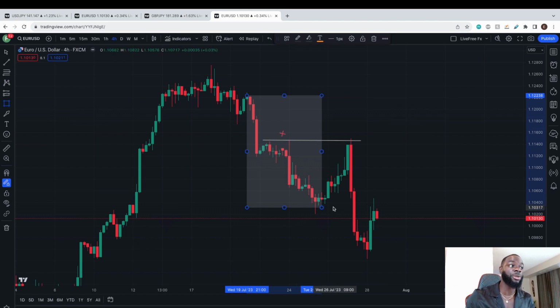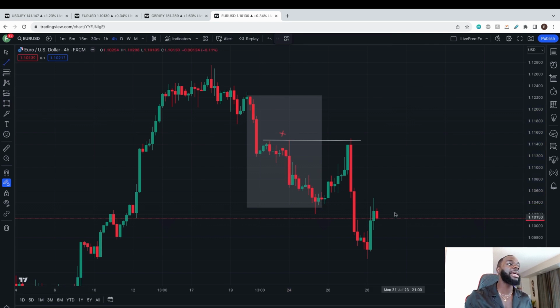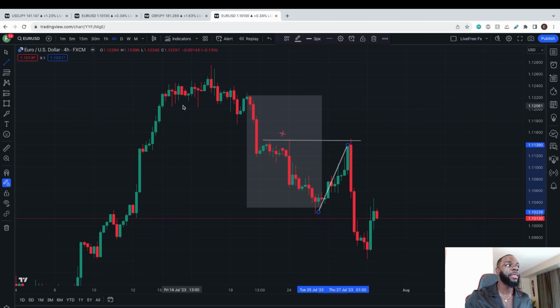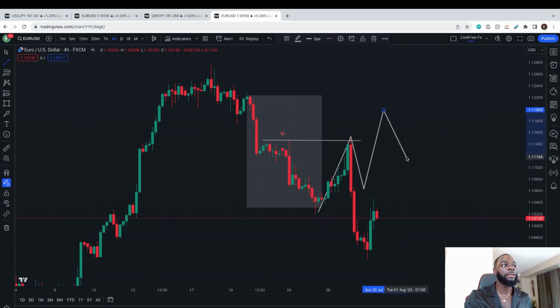What you should be doing as a trader is waiting for the second leg. If you don't get the second leg in the market after a break of market structure, you should not do anything. So what you should be waiting for is this, and maybe even this, for you to get involved in the trade, right?